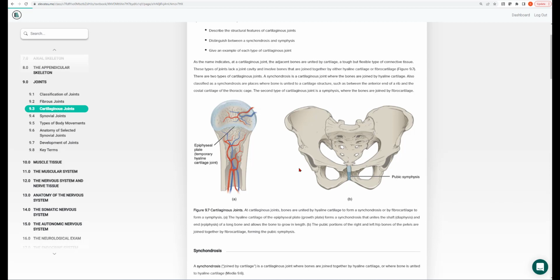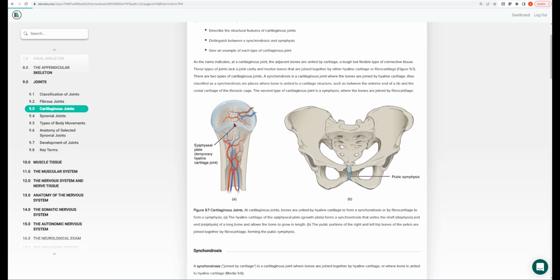Then the other example that you've already seen in the bone discussion is the epiphyseal plate. I mean, think about it. It really is the connection between the epiphysis and the diaphysis of the bone, and that cartilaginous connection, you remember, is made of hyaline cartilage. But that's an example of a cartilaginous joint.